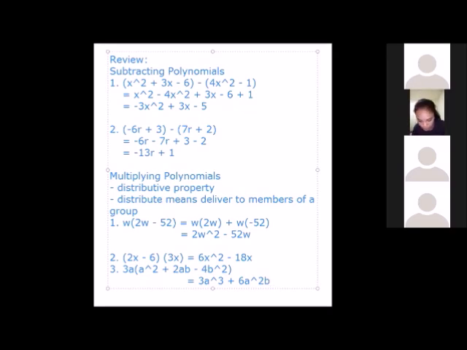Minus 12ab squared. Correct. So we have 3a cubed plus 6a squared b minus 12ab squared. That's it. Okay.